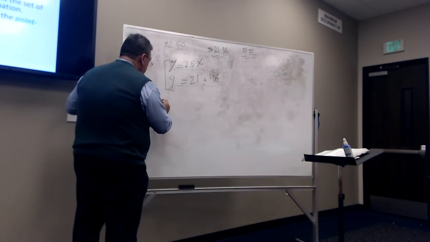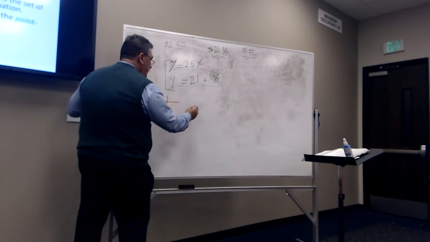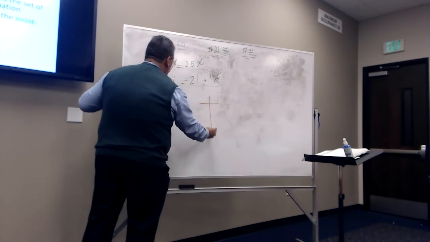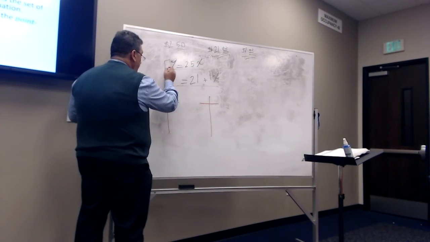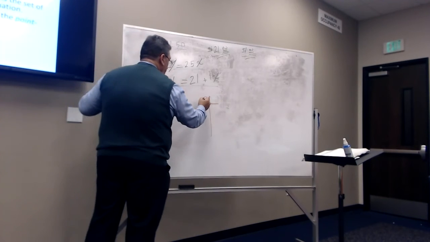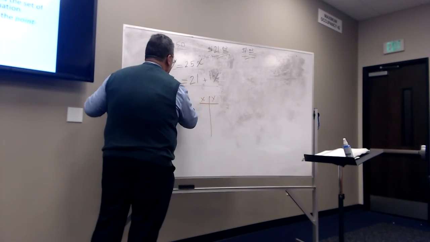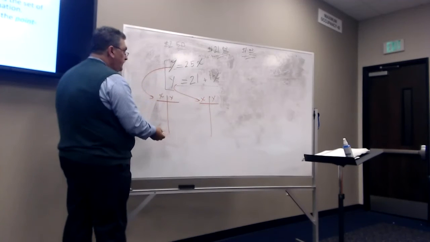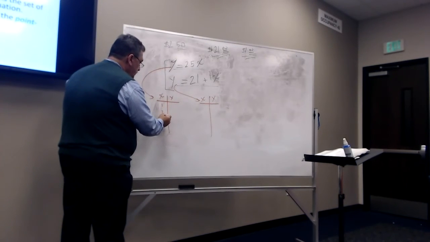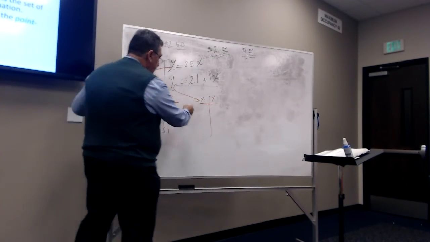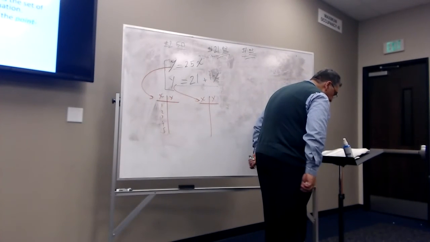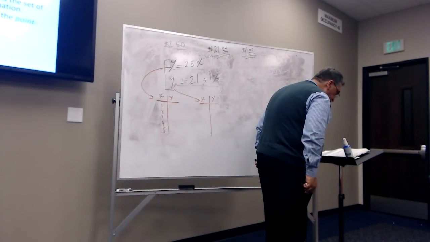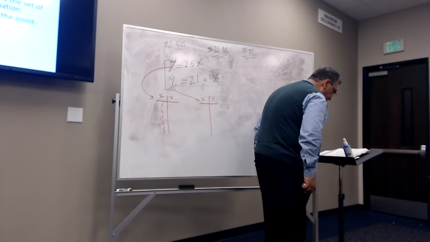So you get X, Y for the first one, and X, Y for the second. You give different values, 1, 2, 3, 4, 5, whatever, and you find a value for Y. You have them on a table at the top of page 373.